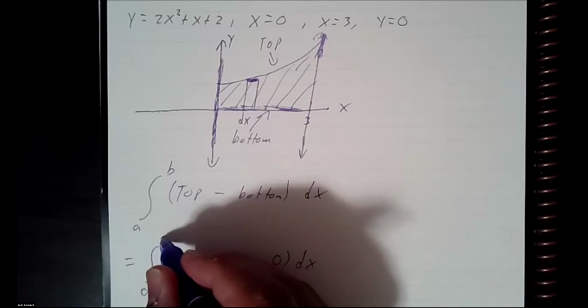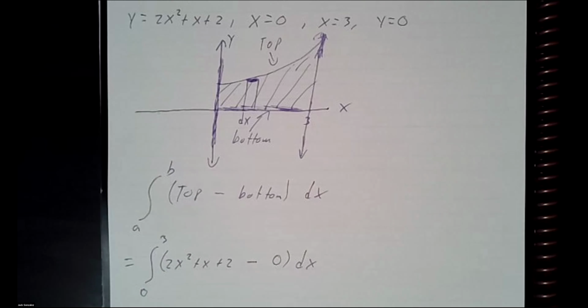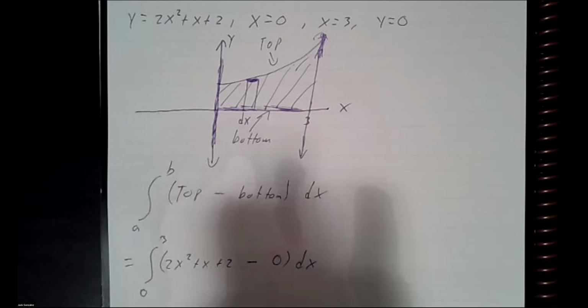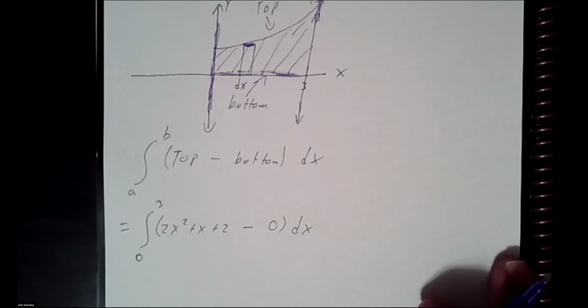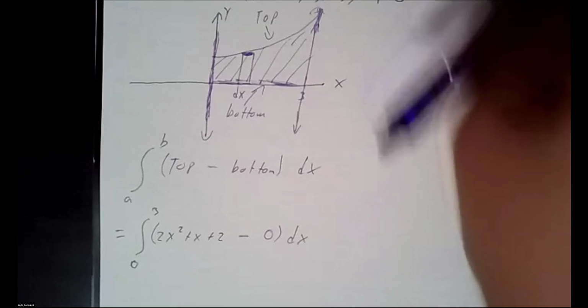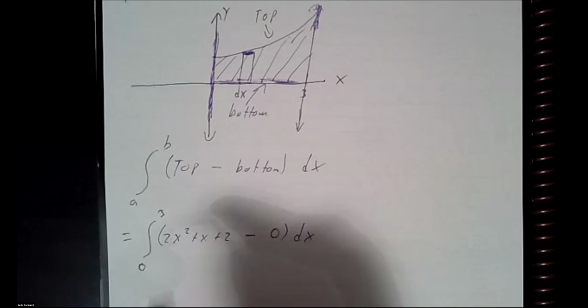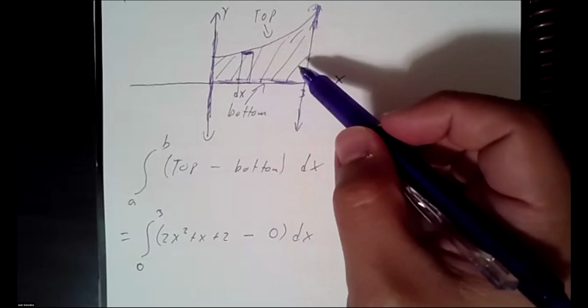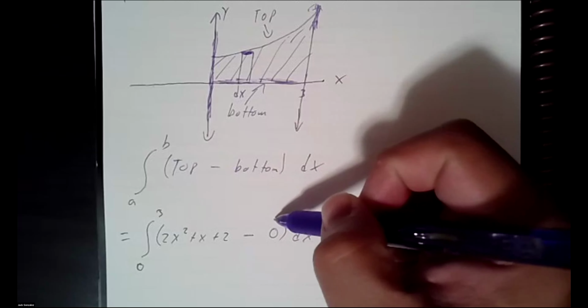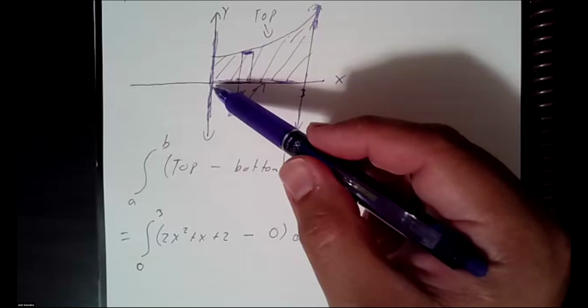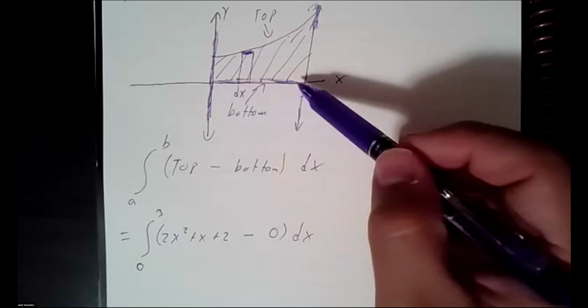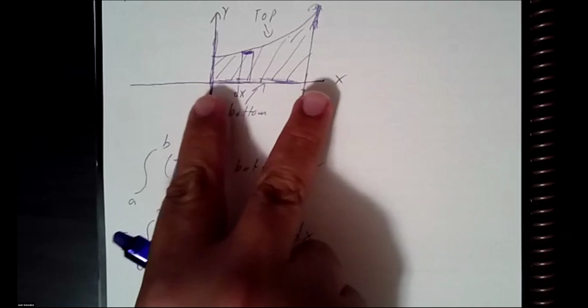It goes from 0 to 3. Does that make sense? You see how we use this graph to determine the top and bottom, where the bounds of integration are going to go, right? 0 to 3. This is the entire section.